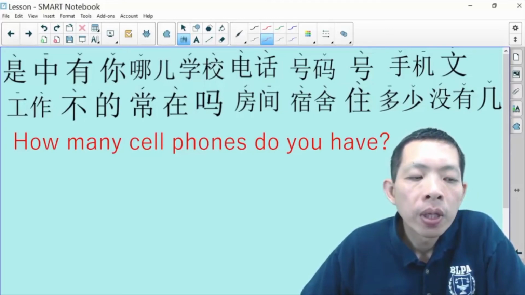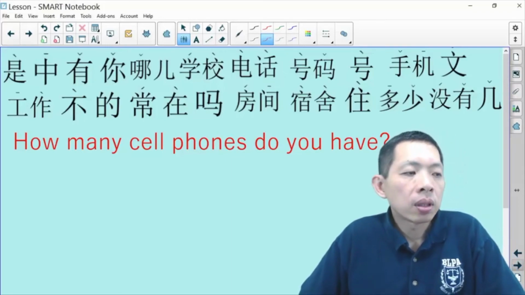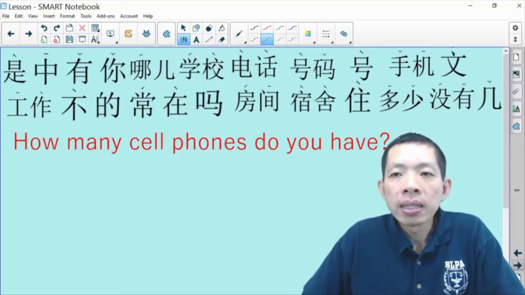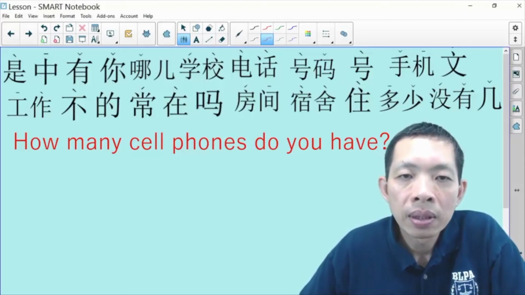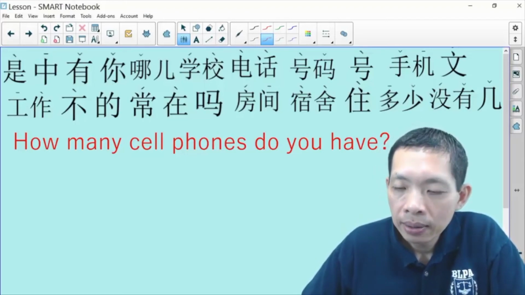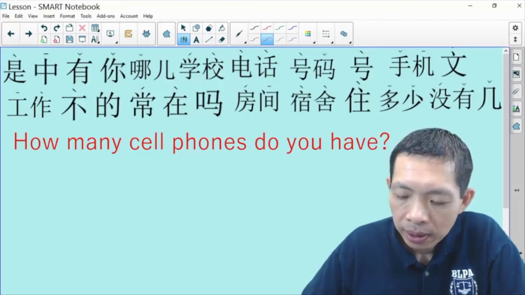Okay, we have "how many". For how many, you're gonna need a measure word. So for the cell phone, the measure word is 个. So you're gonna write a 个 in there. We don't have that in here.